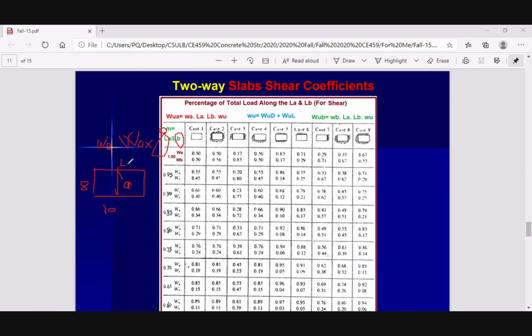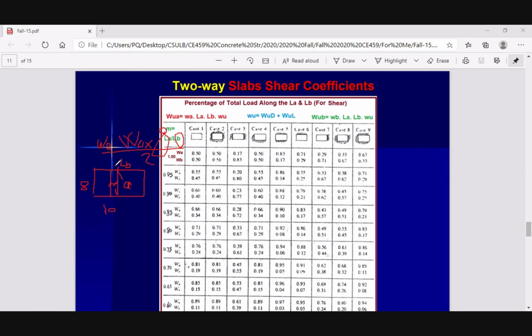What's this length? LB. We call this LB. So if I want to find the reaction at one side for 1 foot, not for the whole length, this one divided by 2, first of all. Why? Because this part is for both sides of A direction. A direction means it has 2 supports, so that's the total load for A direction.